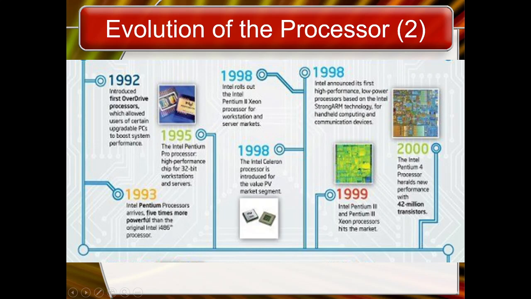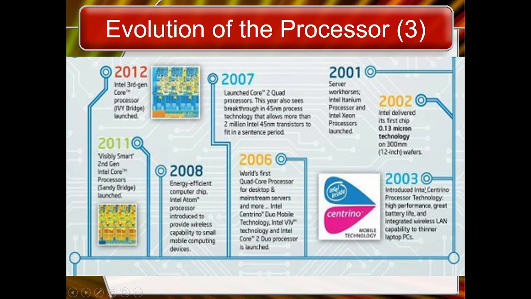Then came the advent of the Pentium series in 1993, 1995 32-bit, then 1998 Xeon, 1998 Celeron. In 1998 we also have strong ARM technology, in 1999 the Pentium 3, and in the year 2000 the P4 or Pentium 4.